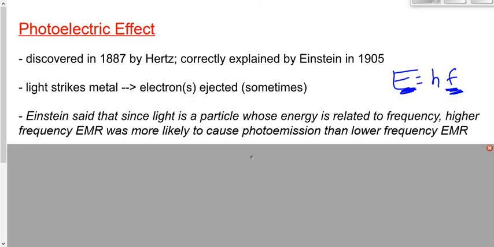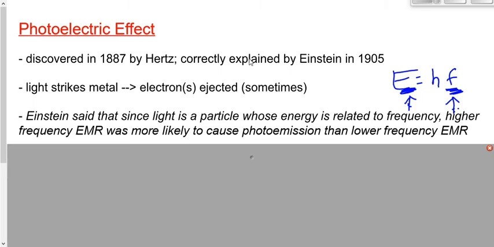But you don't get that from more light, you get that from more frequency. So don't jack up the intensity of the light if it's not causing electrons to be ejected. You want to jack up the frequency of the light. You want to go from infrared to visible light, or from visible light to ultraviolet to cause electrons to be ejected, because that's what gives you more energy.